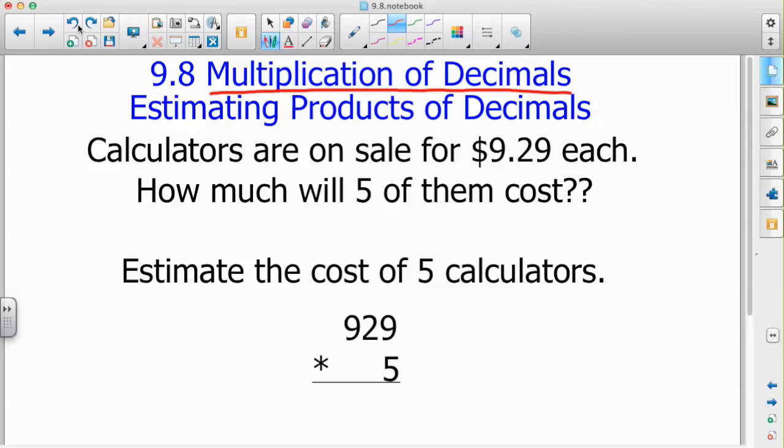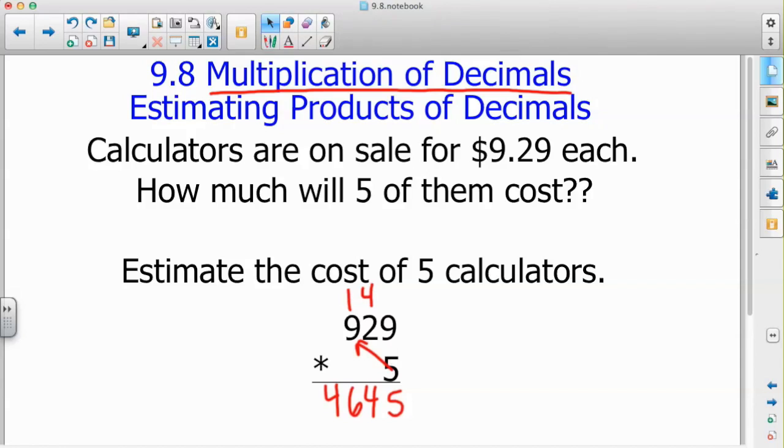So for instance, if I did 929 times 5, I would multiply 5 times 9, and that's 45. Carry the 4. Then 5 times 2, that's 10, plus 4 is 14. 4, carry the 1. 5 times 9 is 45. 45 plus 1 is 46.